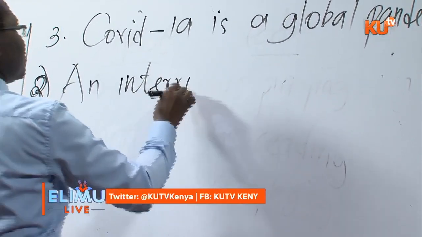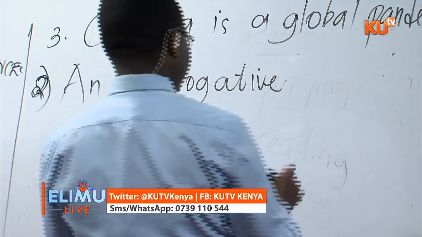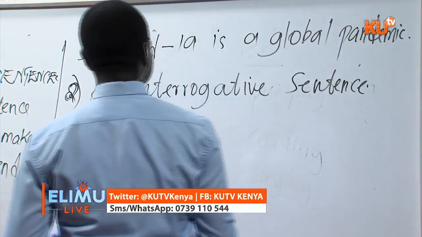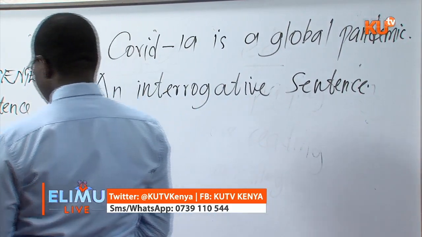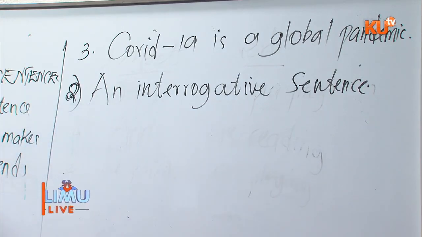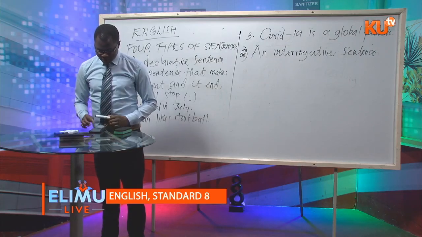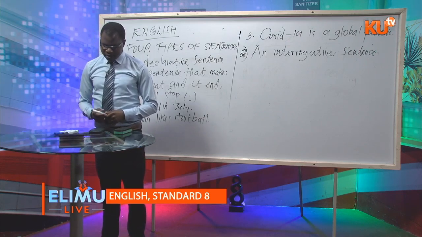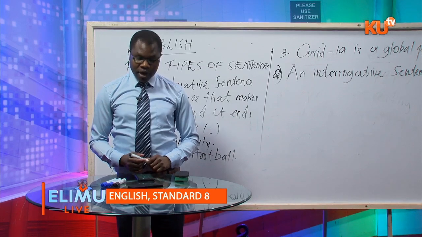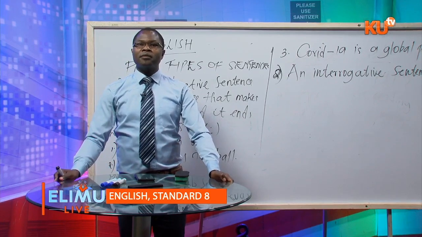An interrogative sentence, from the word interrogate, is a sentence that seeks or asks questions, and normally they end with question marks.